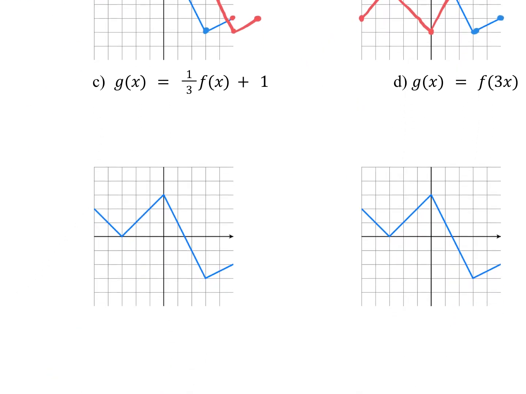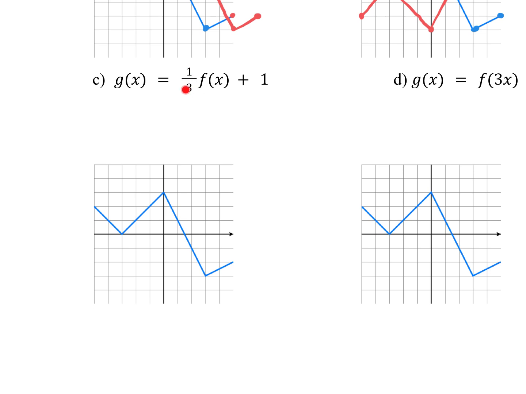All right, here I'm going to do 2 things. I'm going to do a vertical shrink by 1/3, and then shift up 1. So my y values are going to be multiplied by 1/3, and then I'm going to shift them up 1 after. So like this y value was at 3. If I multiply that by 1/3, it brings me to 1, and then from there I shifted up 1. So my coordinate is here. This y value is -3.